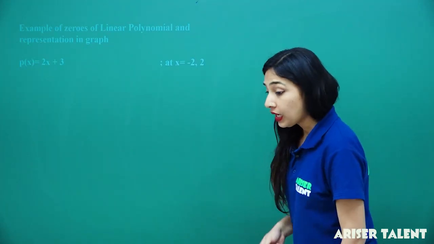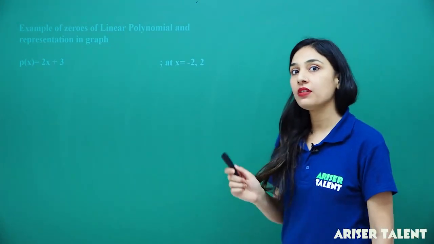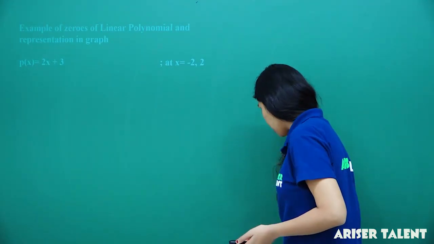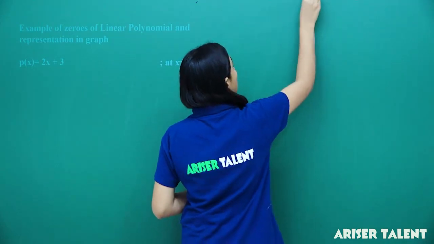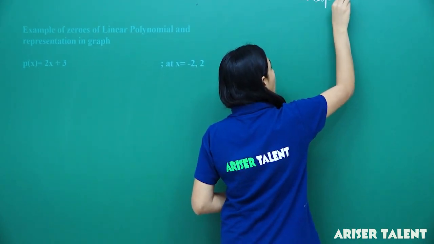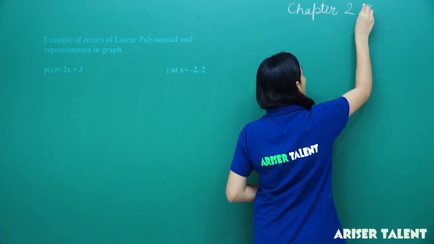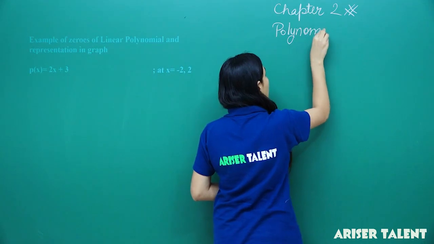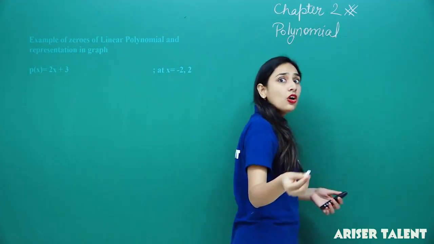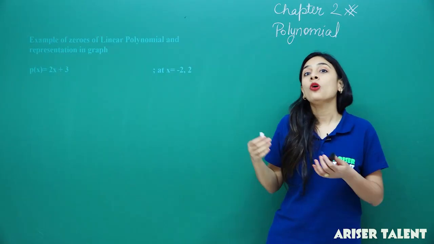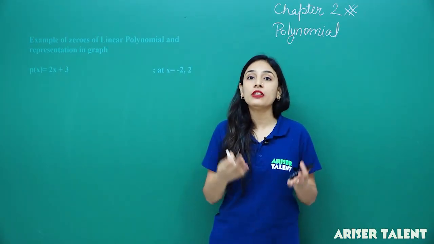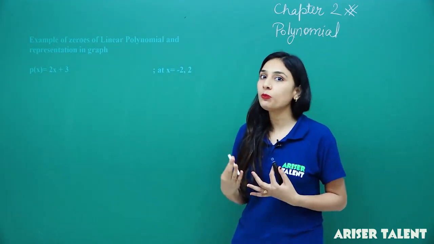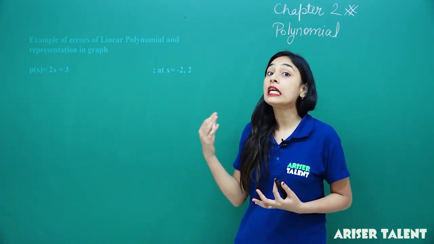Okay, so in the previous lecture we discussed polynomials, and this is the chapter we are learning, chapter number 2, polynomials, right? So we have discussed the degree of a polynomial, monomial, binomial, trinomial, quadratic polynomial, linear polynomial, cubic polynomial, and we were discussing graphs.